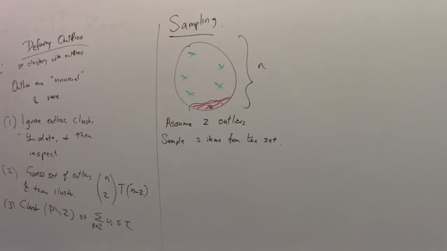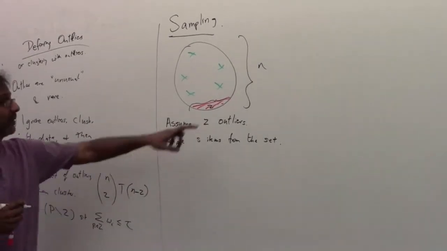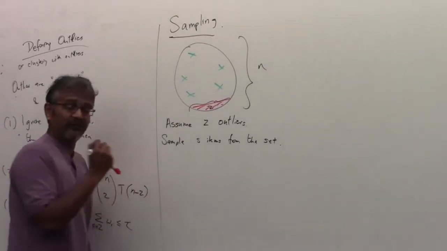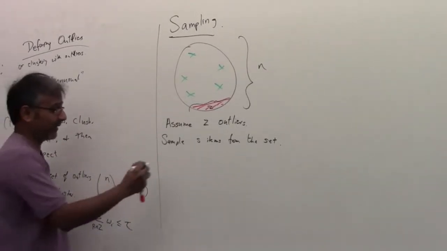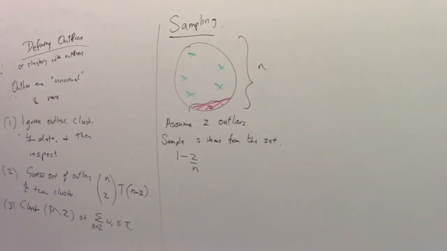Well, what's the probability I pick up no outlier with the first sample, if I do a uniform sample? N minus Z over N, where the total size is n. So the probability of the first sample not hitting the outliers is 1 minus Z over n. But I have to do this with every sample, right?